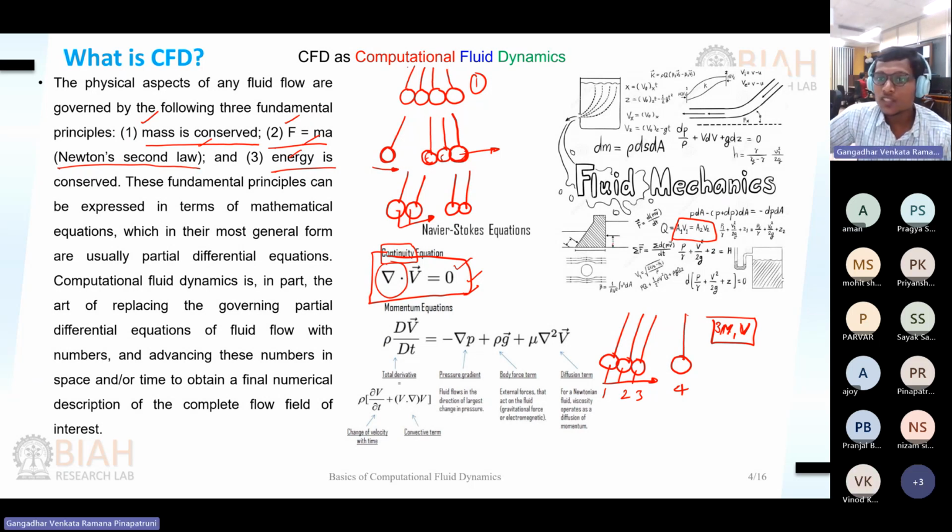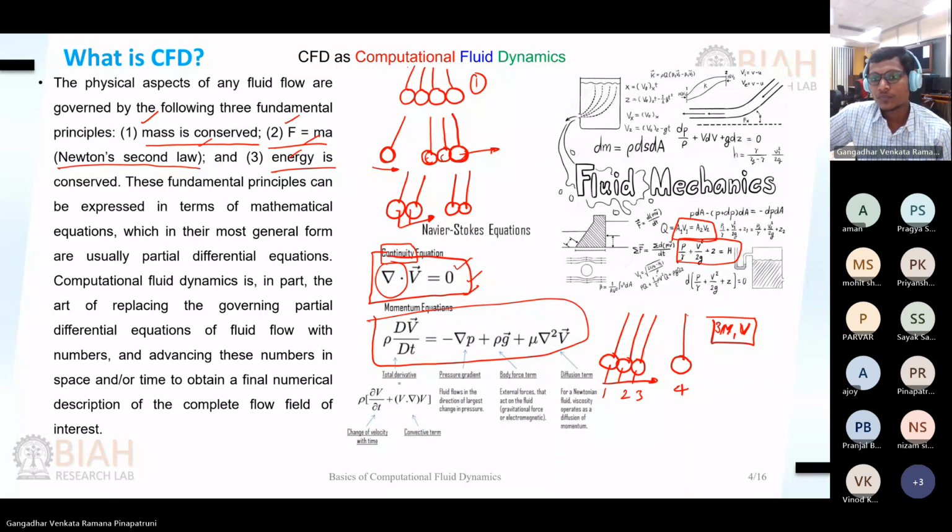The Bernoulli equation is hidden here. This one is the Bernoulli equation. It comes after simplifying this big equation. You will end up with this small form of the Bernoulli equation after simplifying the complete partial differential equation, and there are many assumptions to simplify it to this small format.